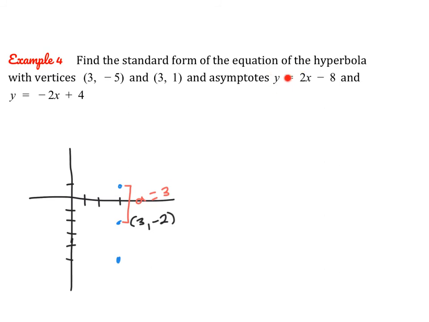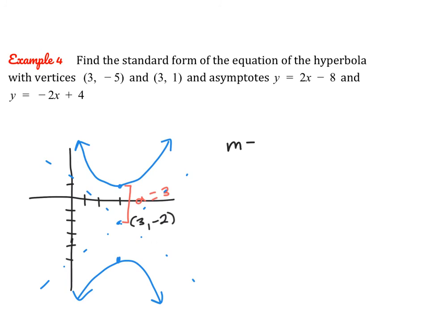So I can find the b value by looking at the slopes of our asymptotes. So if we have hyperbolas that look like this, since they are vertical, the slope of our asymptotes, which looks something like this, are going to be a over b, because now a represents that rise.